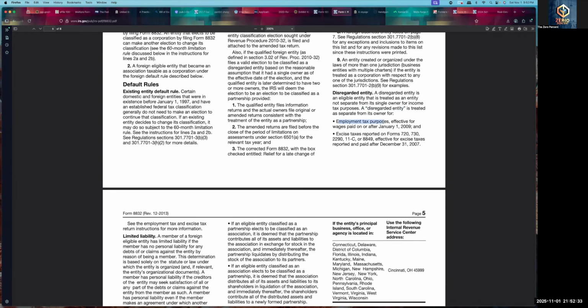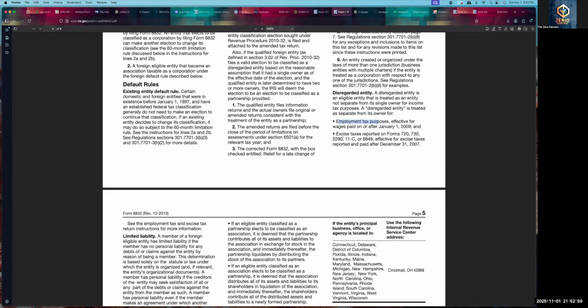This is an individual who provided a W-2 to its employer. That money is not going to count as a disregarded entity who is not separate from a single owner. So if you're collecting money from an employer, they're saying you are a disregarded entity treated as separate.